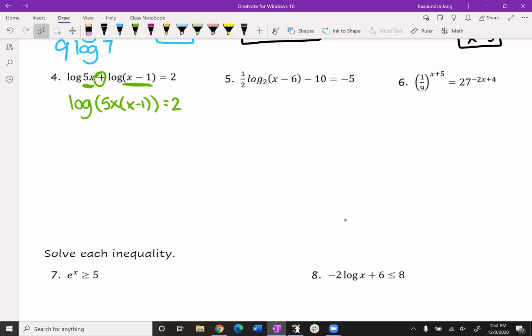Hey, Thomas, what is the base on this if they didn't write it? Nice. It's a base of 10. That is my common log. It's a log base 10. So that's got to be then the base on my exponential. I need 10 raised to some exponent. So Thomas, keep it going. What is the exponent? If I'm turning this into exponential form.